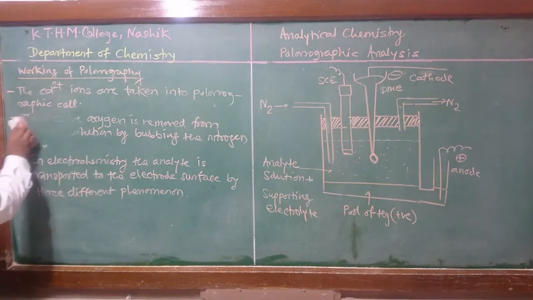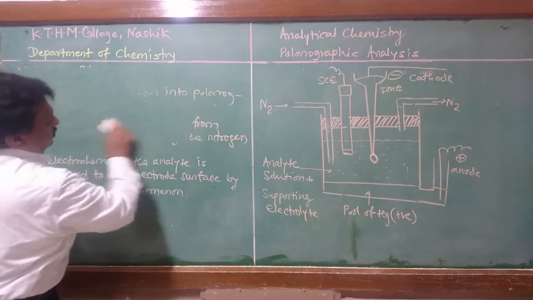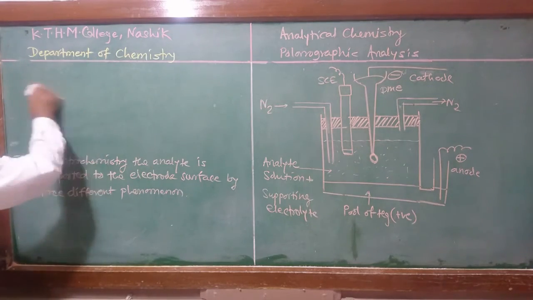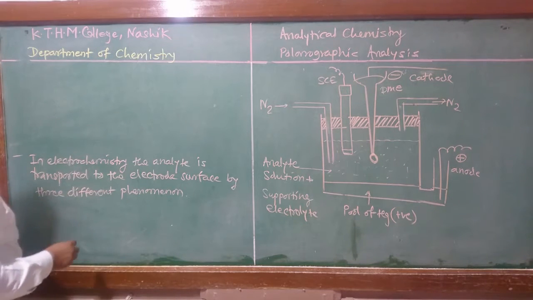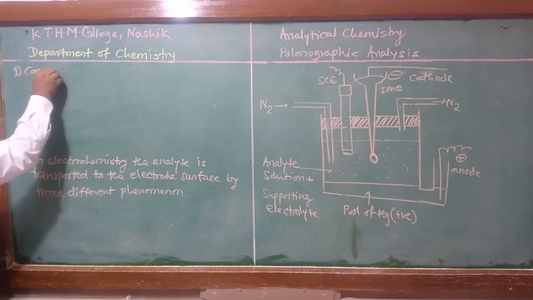The first is called convection, the second one is electromigration, and the third one is diffusion. Therefore, first, that is convection.